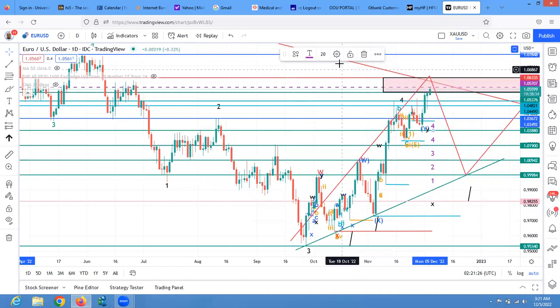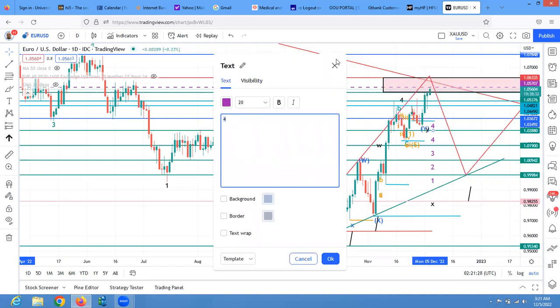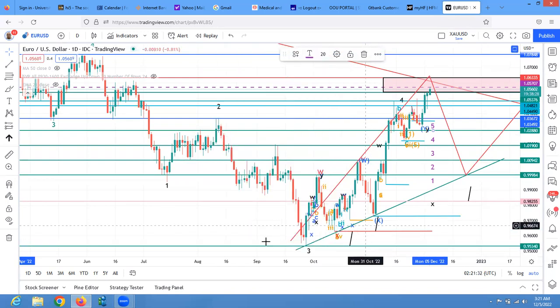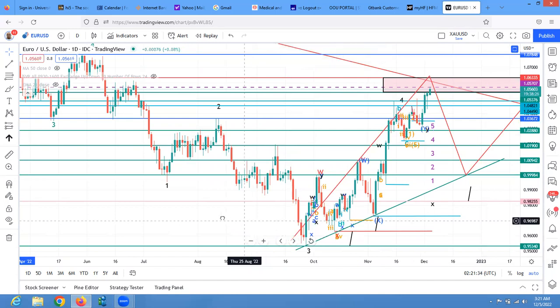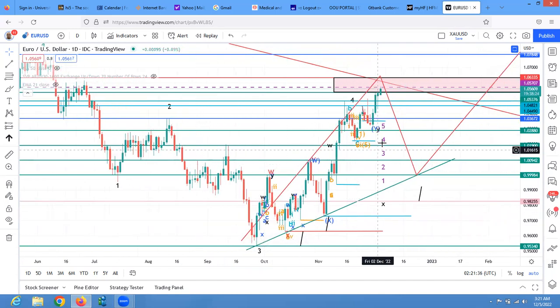for the ending structure. So I will now label that from the daily. So what we're saying is that this looks like we are finished. This is like a 1 here that finished up here.